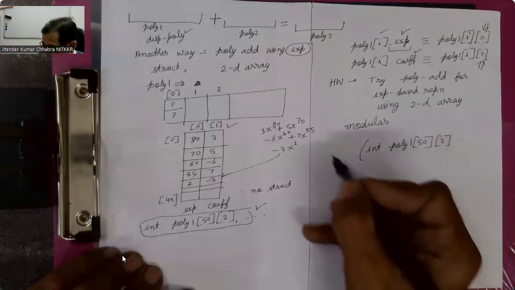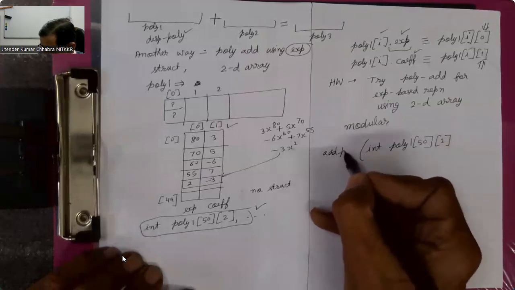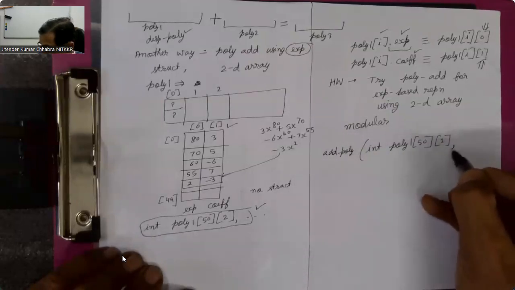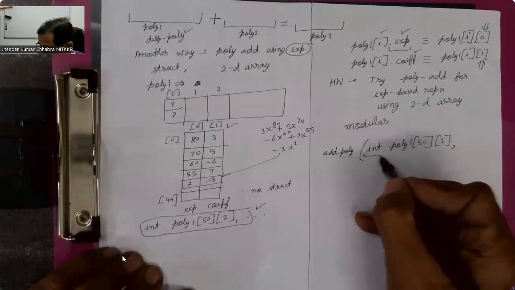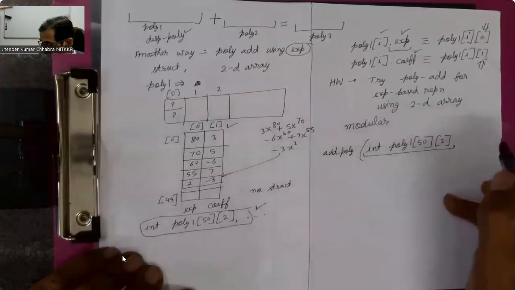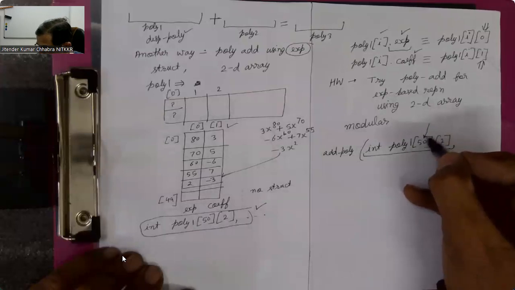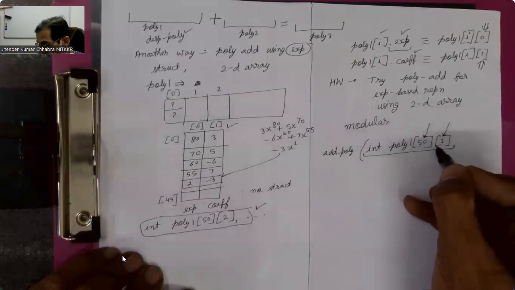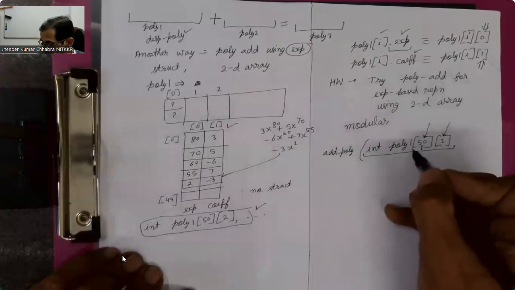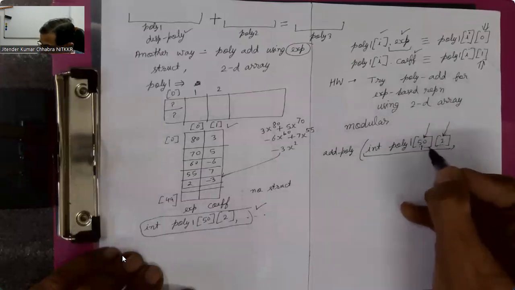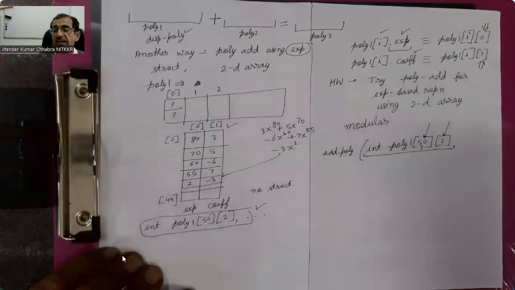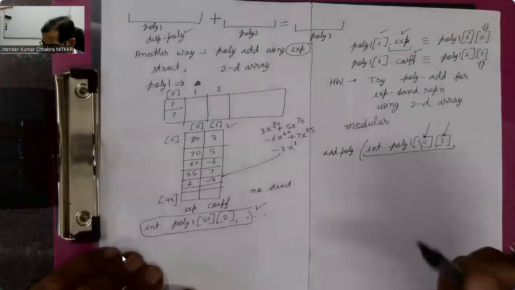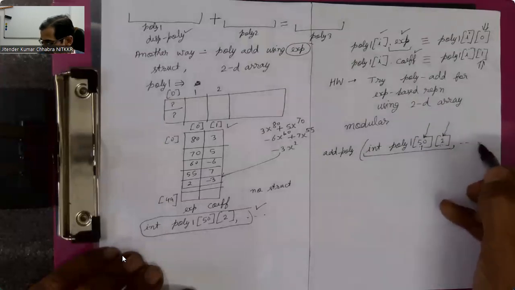But otherwise, if you write add poly like this, still this is fine. So as long as you write everything, there will never be a mistake. But you have to ensure that all parameters which are passed have the same dimension which you mentioned in the function definition or in the function header. 50 into 2 should be for every passed parameter, and you specify everything here. You will never get any mistake. Slowly, we will understand smarter ways of doing this also.